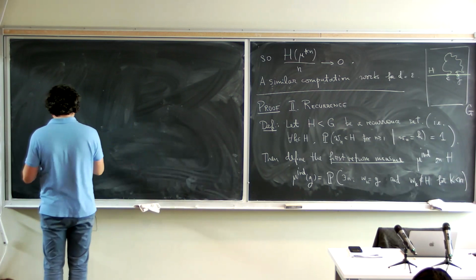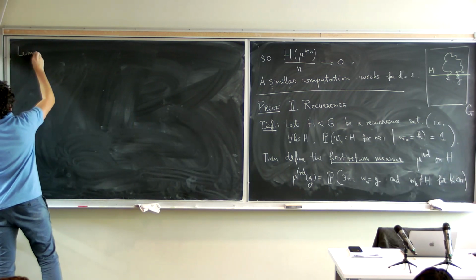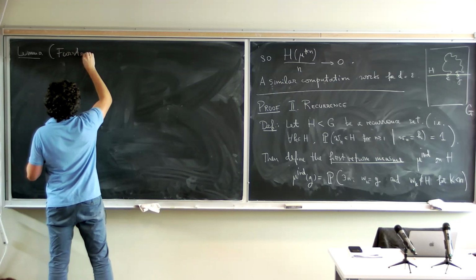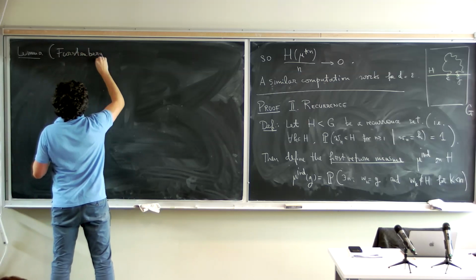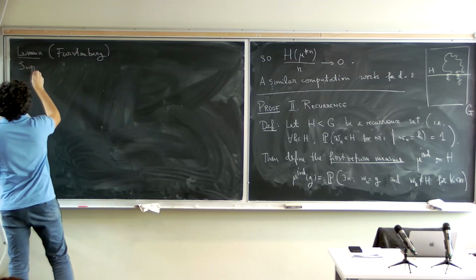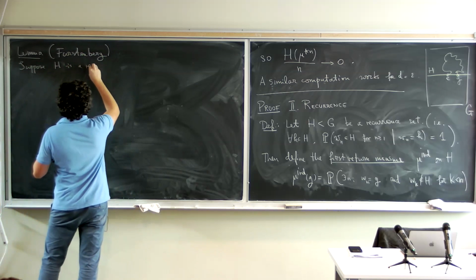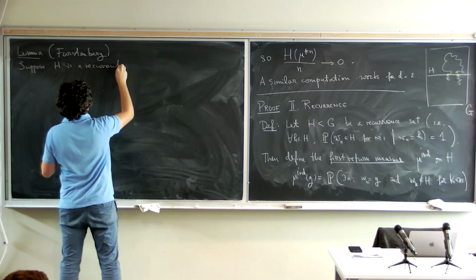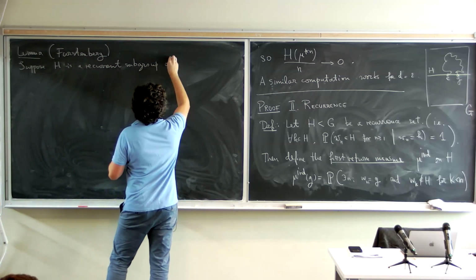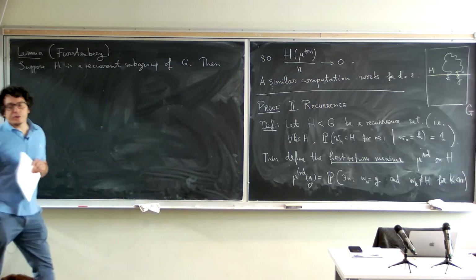And if that's the case, the lemma is the following: suppose H is a recurrent subgroup of G. Then the Poisson boundary is the same.